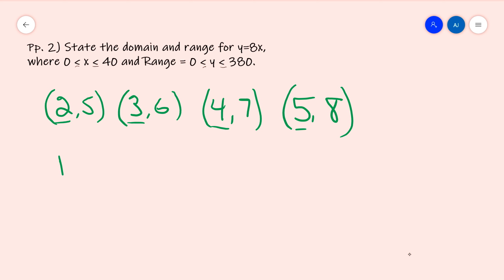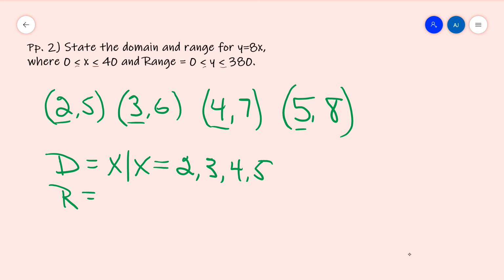And the domain, therefore, will be D for domain equals x such that x equals 2, 3, 4, 5. Okay, it is a function, so that would be the domain. The range then, accordingly, would be all the y values, here, here, here, and here, which is simply y such that y equals 5, 6, 7, 8.